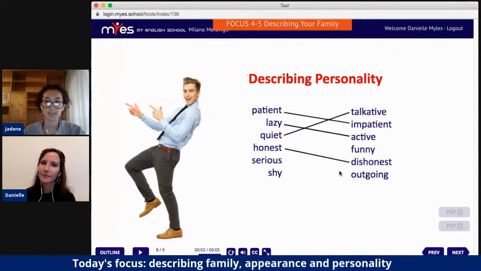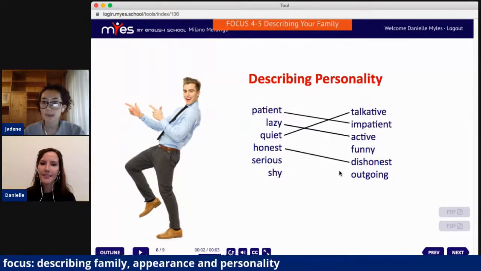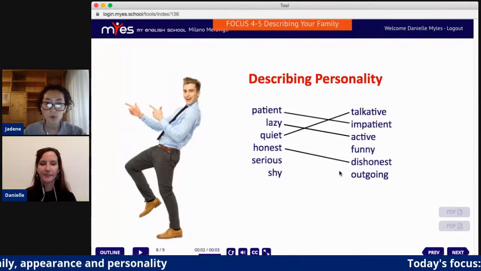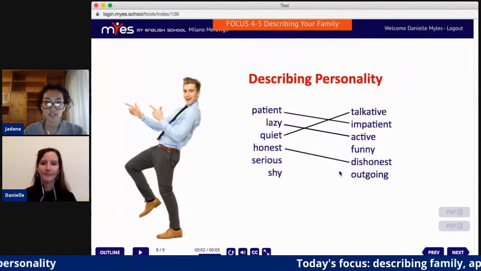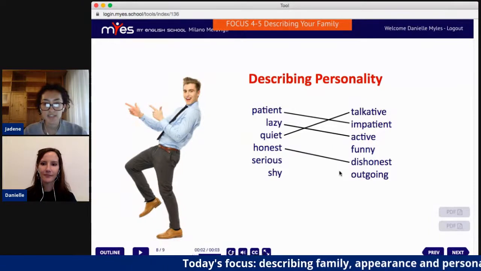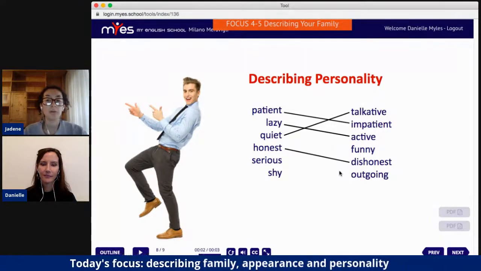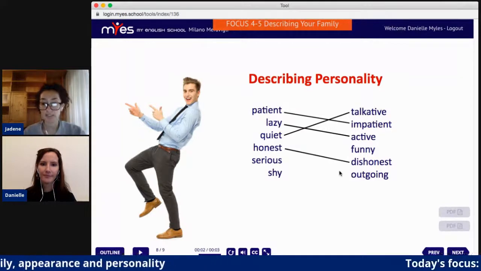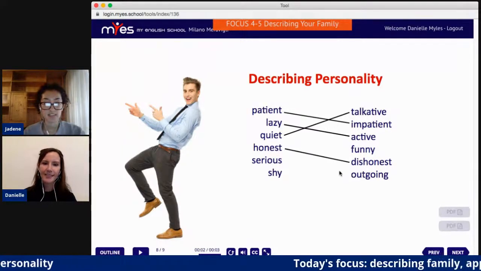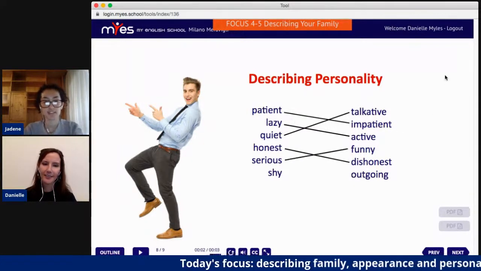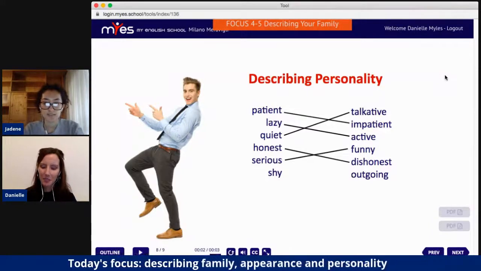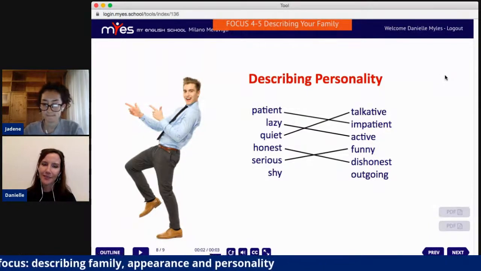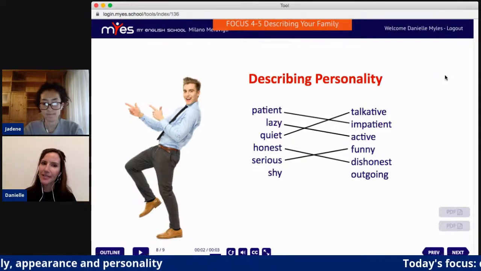And the next one, Massimo got wrong, but then corrected. Originally he said serious and outgoing, but then he changed it to serious and funny. So well done. Serious and funny, exactly. What does funny mean? It's funny.